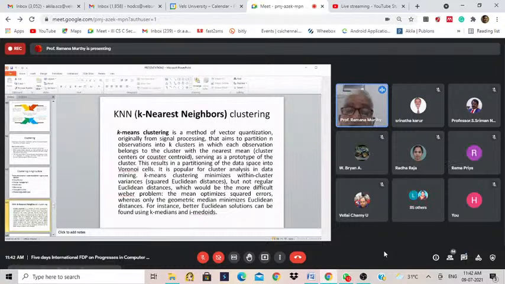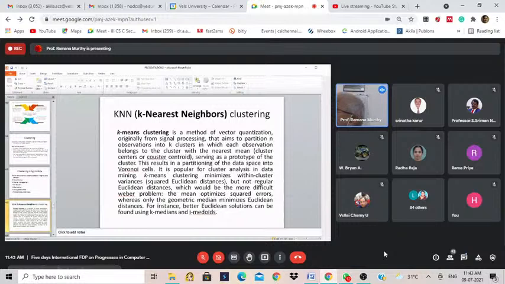This would be more difficult in the Weber problem, because the mean optimizes squared errors, whereas only the geometric median minimizes Euclidean distances. Hence, better Euclidean solutions can be found by using what are called k-medians and k-medoids. You can use them. So this is basically what is called K-means clustering.